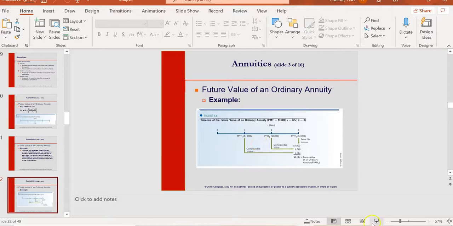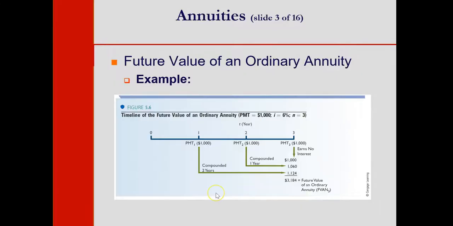So sorry, yes, this is exactly what I did in this problem right here. Okay, so either you can use $1,000 as PMT in your financial calculator and solve it in just one step, or you can calculate separately the future value of all these payments.